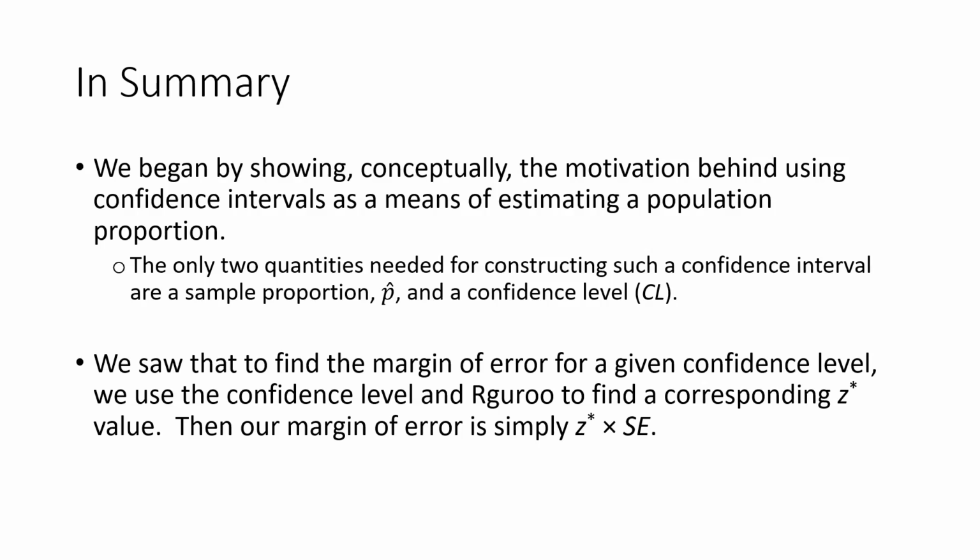We saw, secondly, that to find the margin of error for a given confidence level, we use the confidence level and our Guru to find a corresponding z asterisk value. Then our margin of error is simply z asterisk times the standard error. And then we can use all of that information to draw a sketch of our confidence interval. And that concludes this presentation.